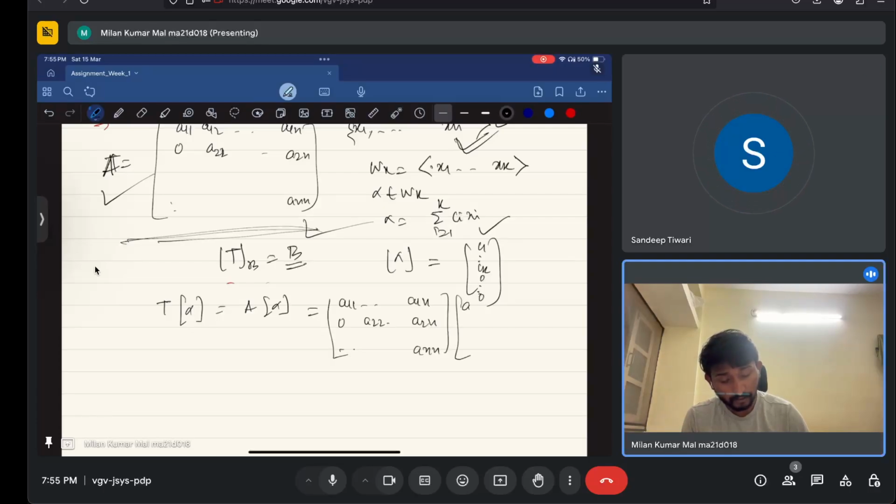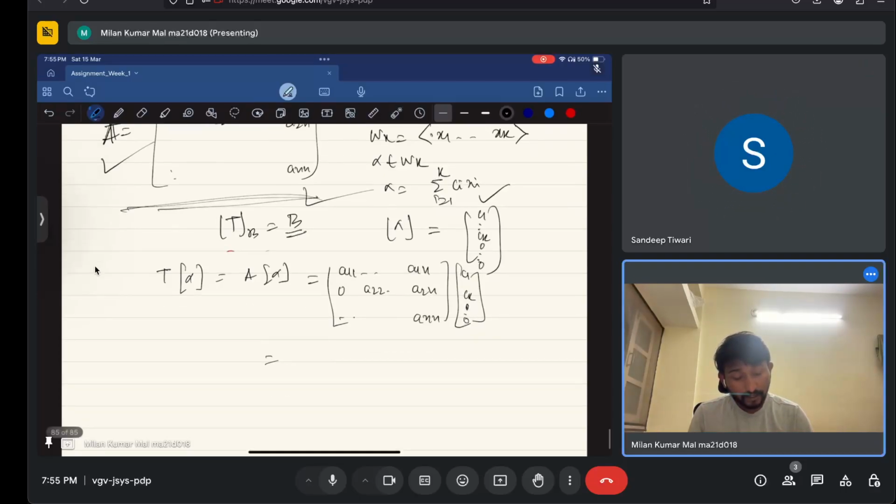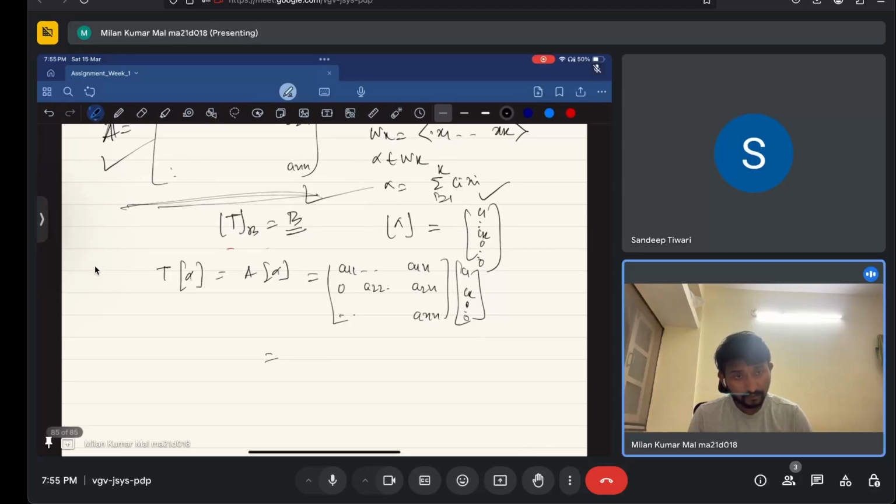If we multiply this matrix with c1 to ck and all other entries 0, then you will get the first entries, and after the kth position all other entries will be 0.